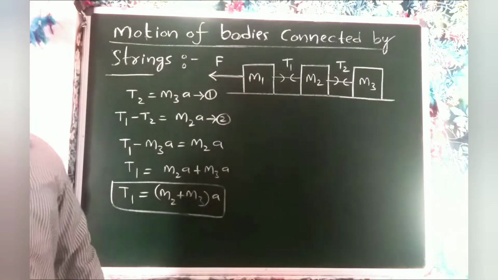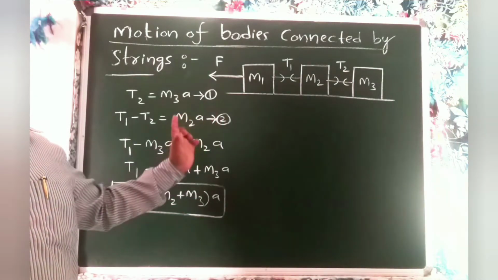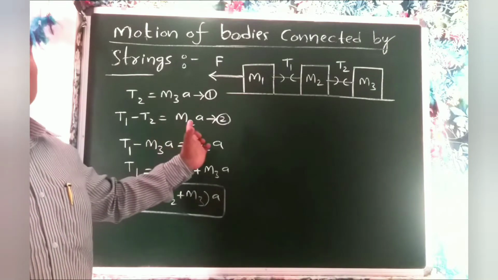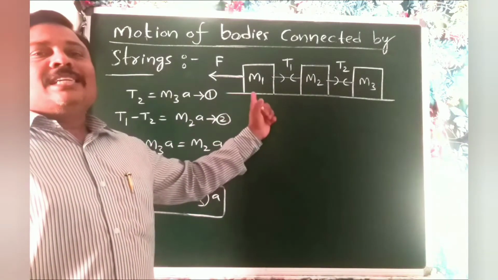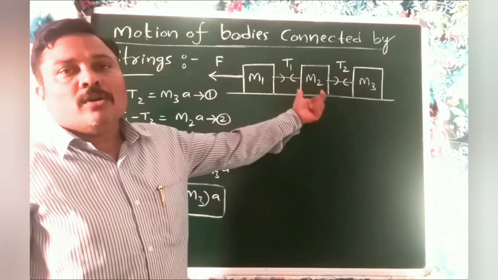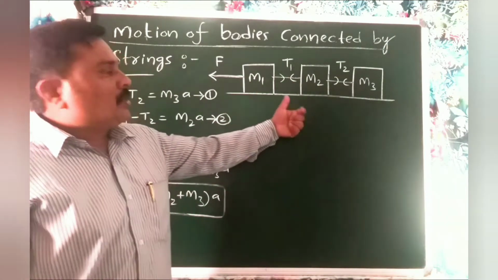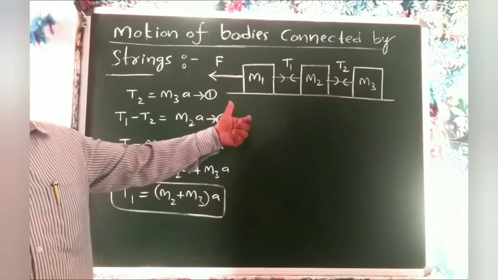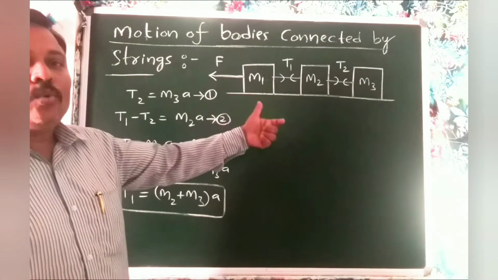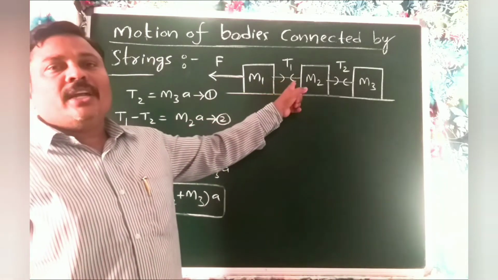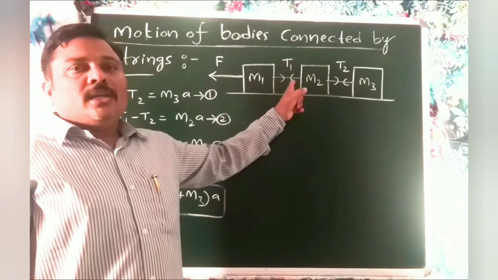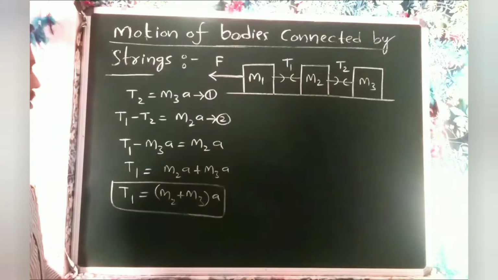This T1 is exerted by both masses M1 and M2: the tension of the string due to mass M1 towards mass M2, and the tension exerted by mass M2 towards mass M1. So two directions are mentioned in the string. This is equation 3.